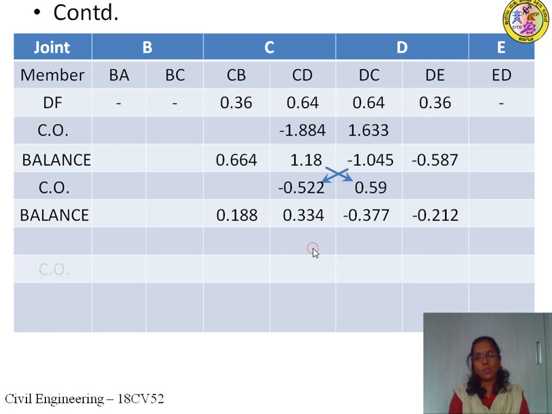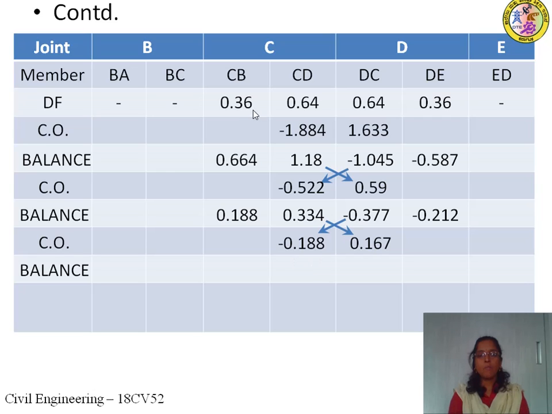So again next step is carrying over from CD to DC. Half of 0.334 will be equal to 0.167, and DC to CD, half of minus 0.377 will be equal to minus 0.188. So next balancing. Imbalancing moment at C is minus 0.188. Therefore balancing moment will be plus 0.188.